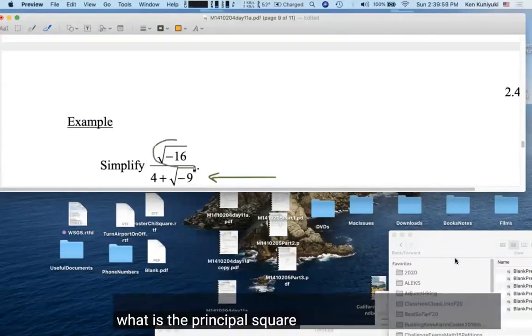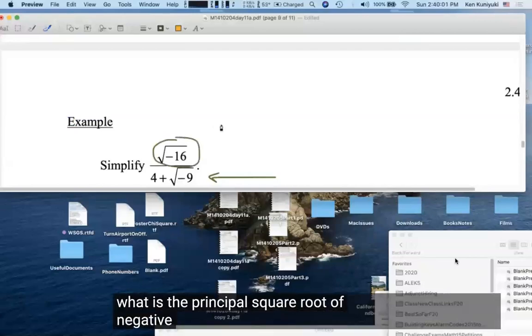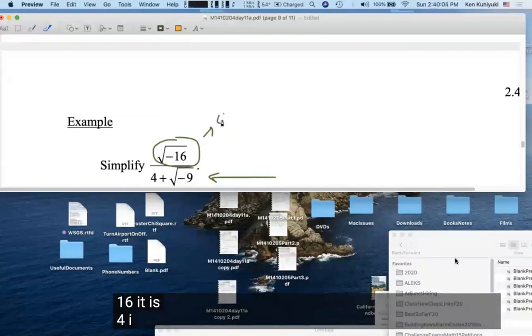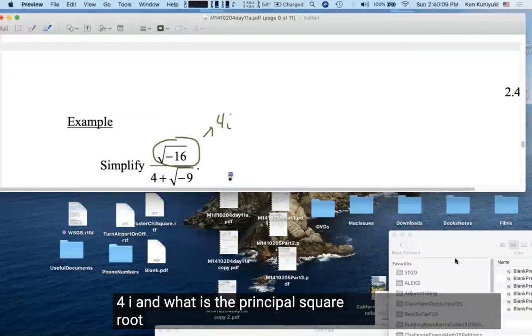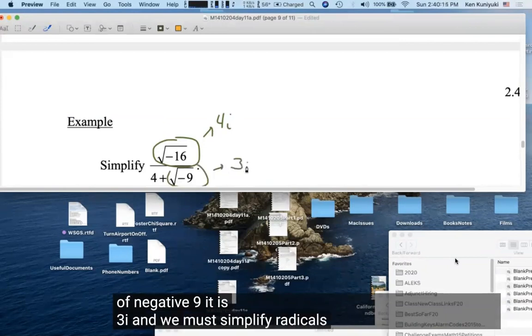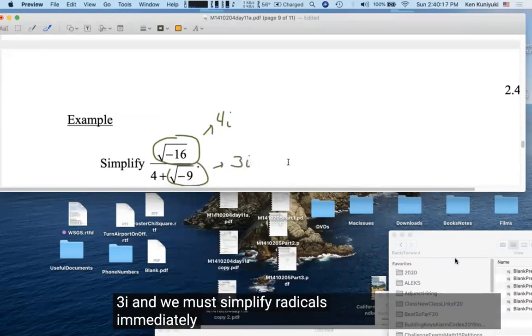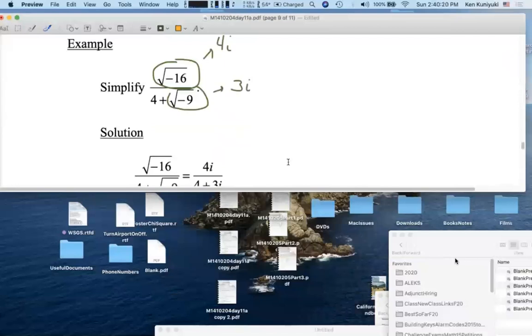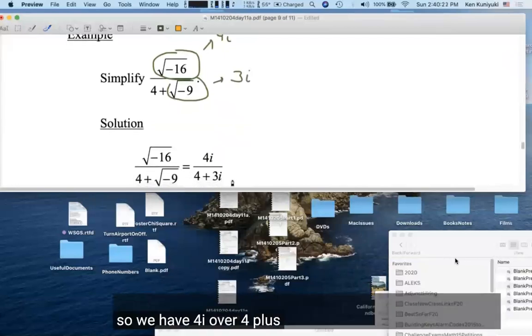What is the principal square root of negative 16? It is 4i. And what is the principal square root of negative 9? It is 3i. And we must simplify radicals immediately. So we have 4i over 4 plus 3i.